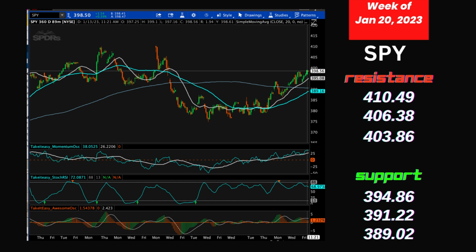The weekly resistance is at $410.49. Support or demand for SPY would be first at $394. The next area of support will be $391, and weekly support will be at $389.